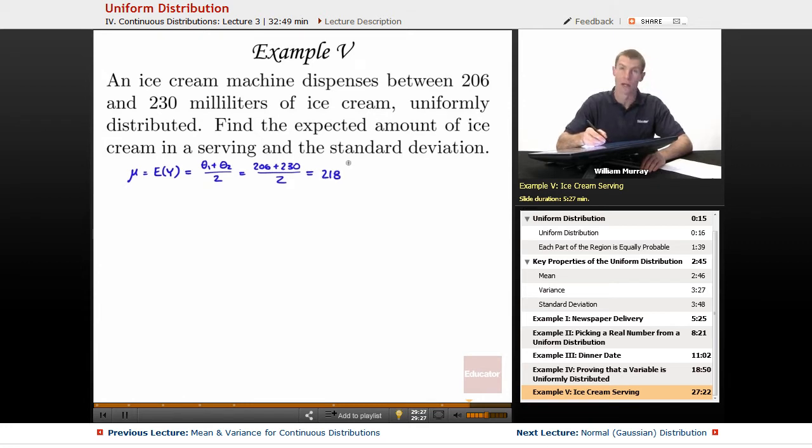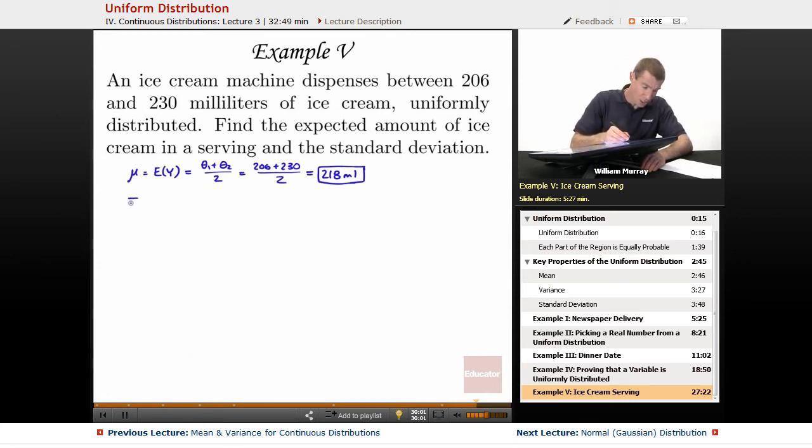And our units here are milliliters. So the average amount you expect to get when you fill up your bowl at this ice cream machine is 218 milliliters of ice cream. Of course, that's not at all surprising. If you are going to get a random amount between 206 and 230, it's not surprising that in the long run you'll get about halfway between 206 and 230, which is 218. So that's really not surprising at all.